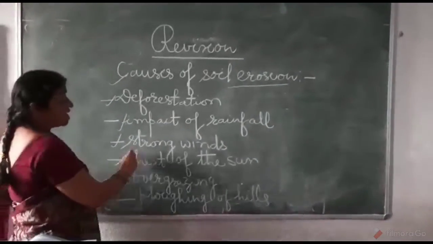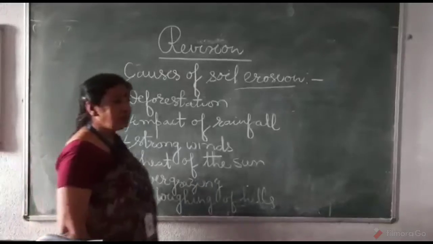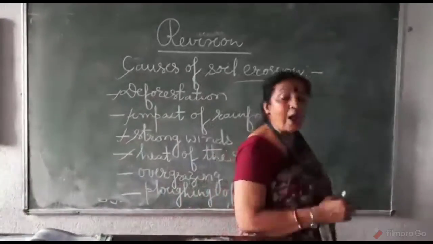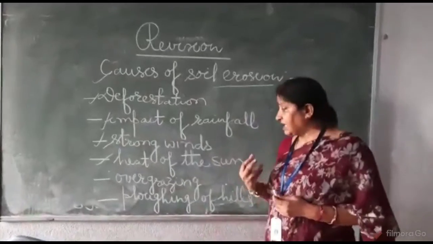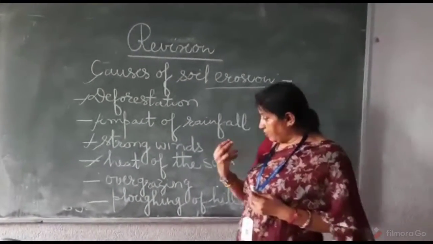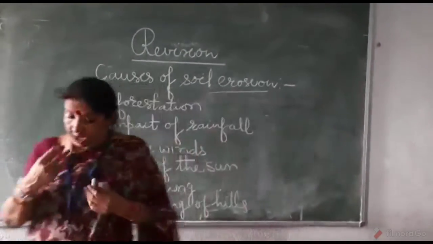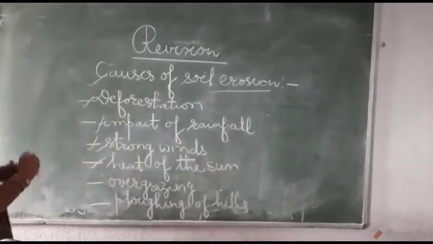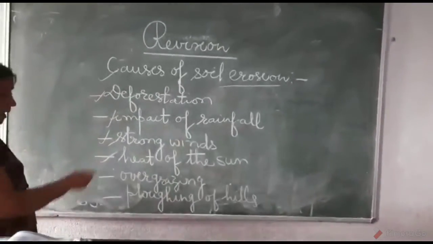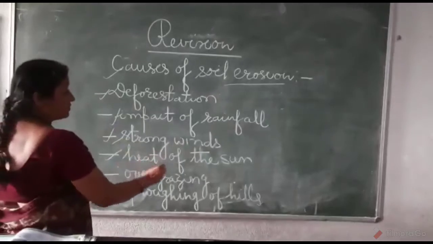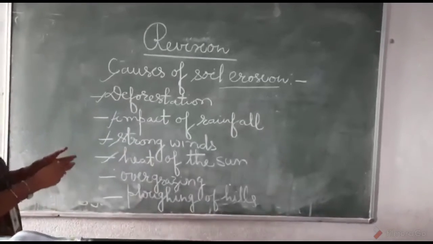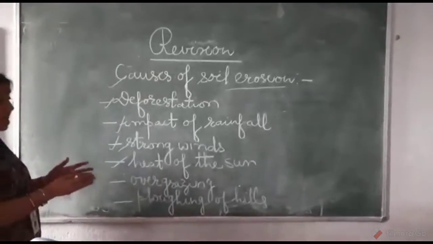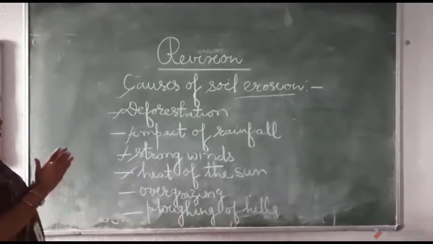The next is heat of the sun. Children, the soil contains moisture, and when the heat of the sun evaporates the moisture present between the components of the soil, the soil becomes dry and it is easily eroded.